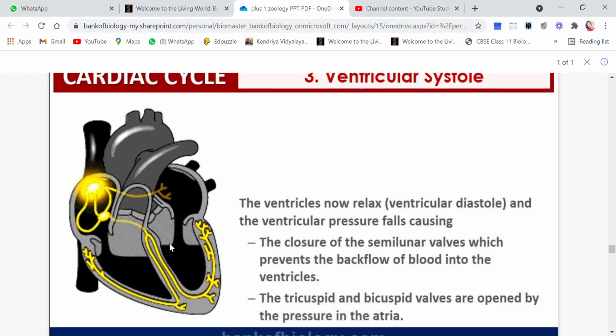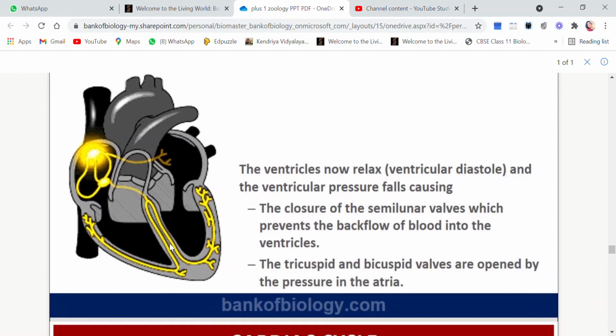That means if one set of valves closes, the other set will open. Right? So the tricuspid and bicuspid valves are opened by the pressure inside the atria, because here now the pressure is decreased, but there the pressure is increased.